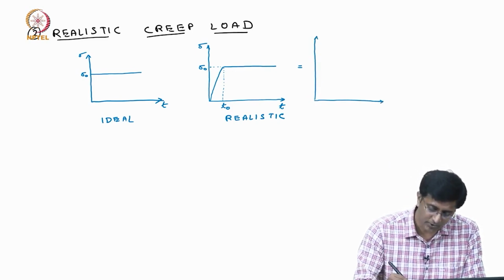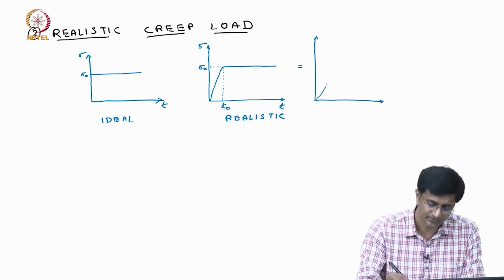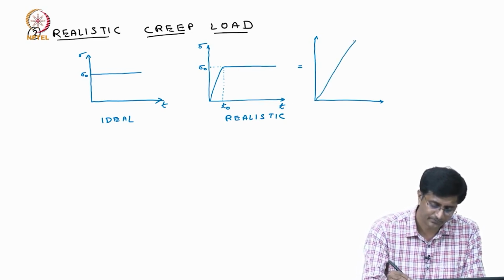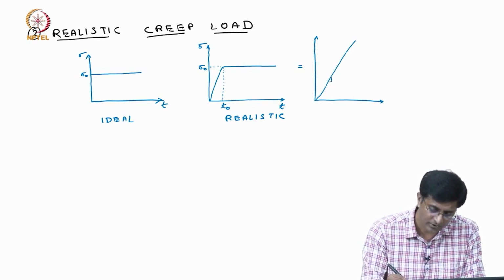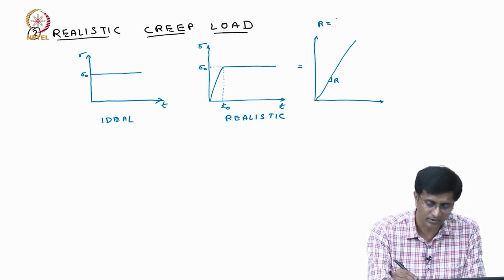The first part can be represented using a constant stress load in this condition. This constant, let us say, is R. That R, of course, we know is sigma naught by t naught.